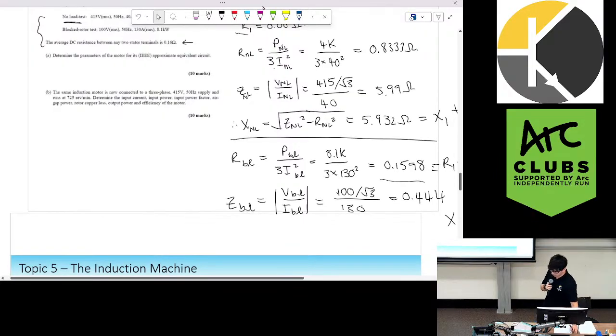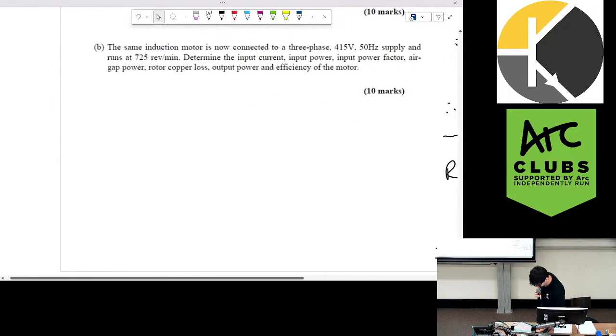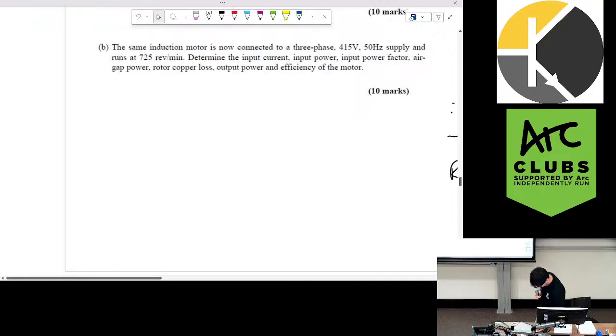Part B. The same induction motor is now connected to a three-phase 415 volt 50 hertz supply, runs at 725 RPM. Determine the input current, input power factor, like basically all the powers. We're going to find all of the powers, which is annoying, but anyway, here we go. So we have our circuit. And from the last part, we know all the values.